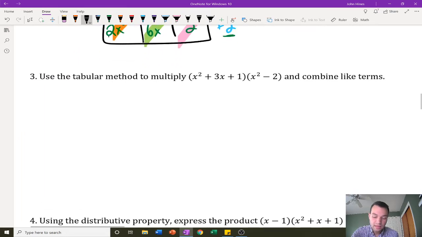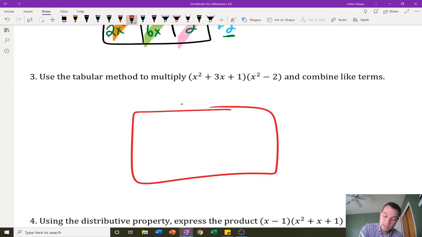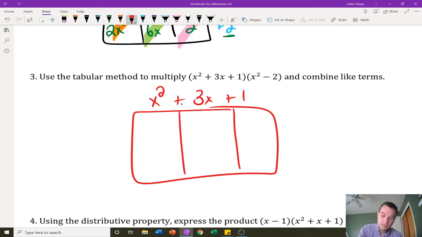Well, let's do it again. Use the tabular method to multiply these two together. Here we go. I can do this. X squared plus 3x plus 1, so I have 3 columns. And x squared minus 2, so I have 2 rows.